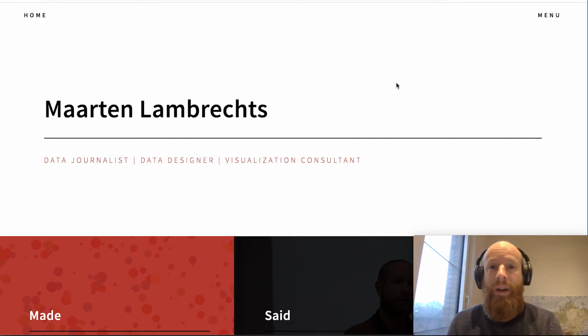I also have a little bit of experience working in the media. I have worked for a couple of years at a Belgian newspaper called De Tijd, where I was working as a data journalist. So I try to find stories in databases and spreadsheets and then bring those stories to our readers by combining the visuals with the text.